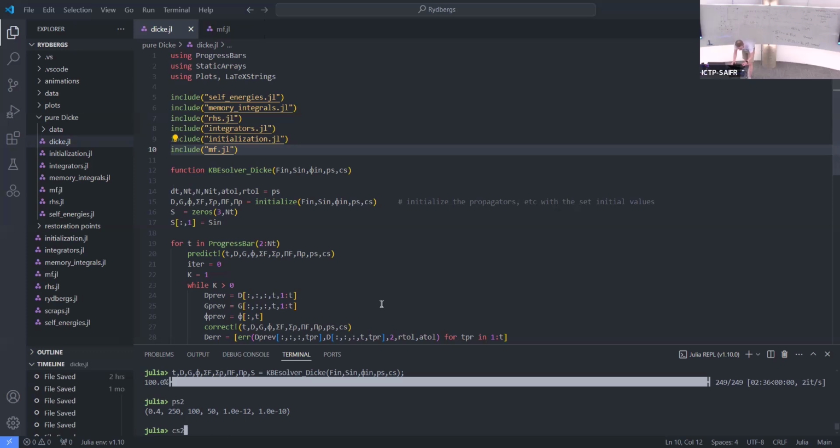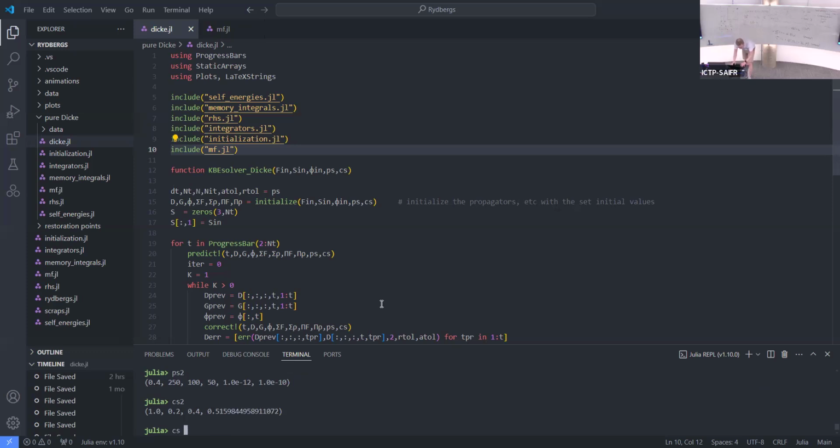Then the couplings. As I said, I measure things in units of omega naught, so omega naught is 1. The kappa is 0.2. Omega z is 0.4.